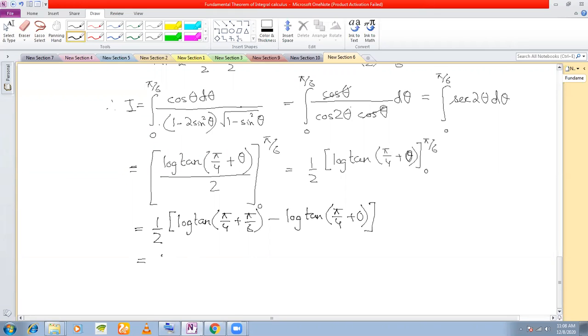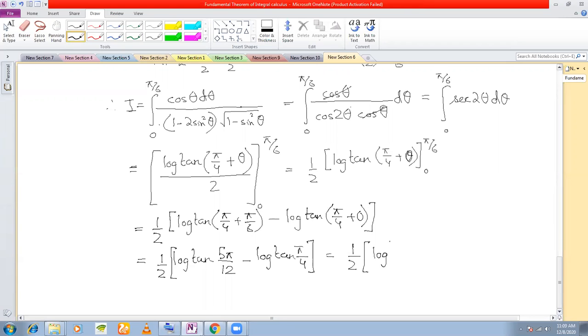So what are you going to get? Half log tan of pi by 4 plus pi by 6. If you take the LCM, you will get this as 5 pi by 12, minus log tan pi by 4. Now what is tan pi by 4? It is 1, right?